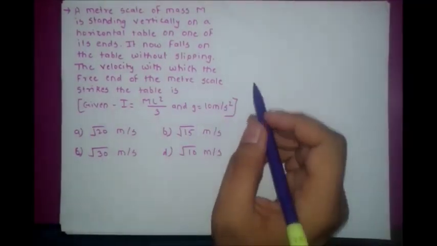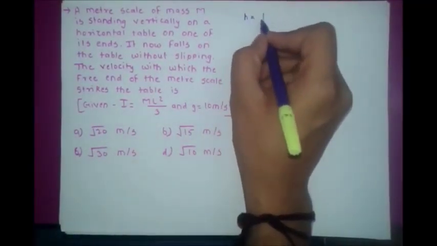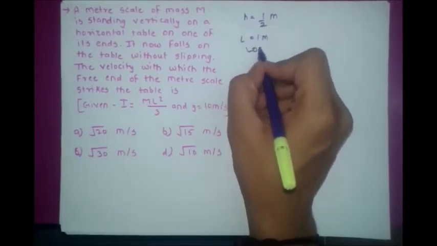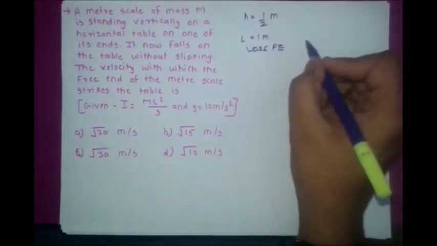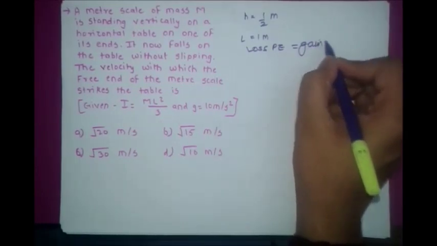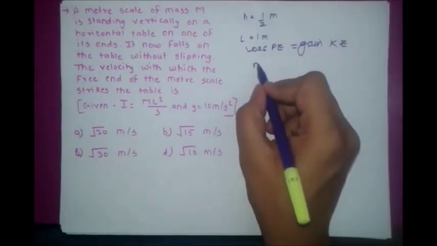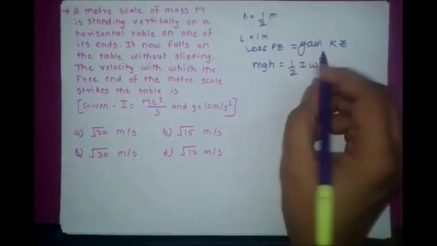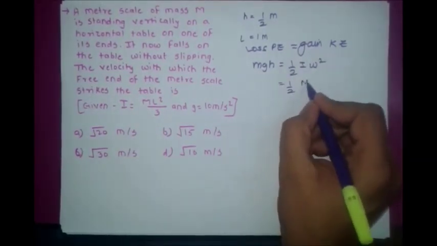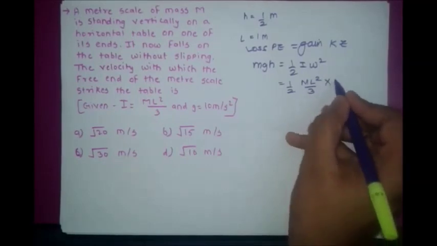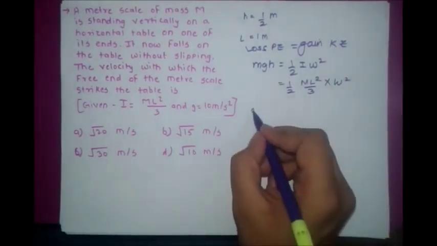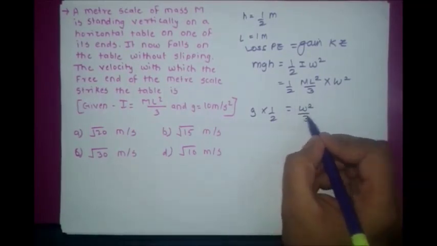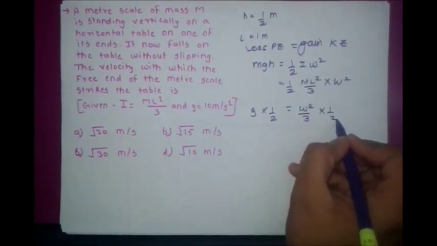So now to solve this question we know h is equal to 1 by 2 meter, L is equal to 1 meter, loss of potential energy is equal to gain of kinetic energy. So mgh is equal to half I omega square, which is equal to half into mL square upon 3 into omega square. So g into 1 by 2 is equal to omega square by 3 into 1 by 2.